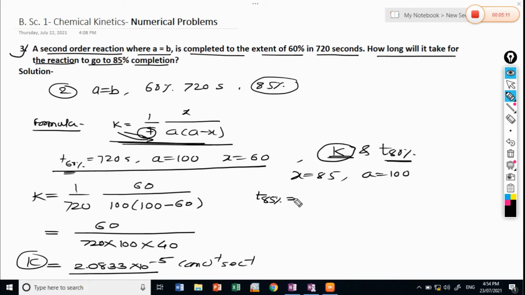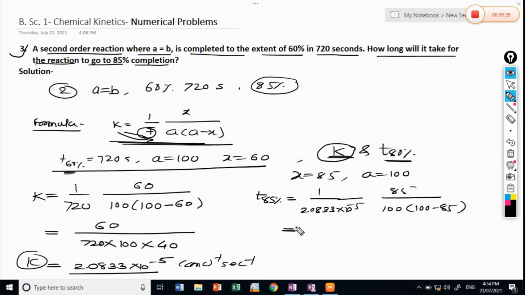So directly I will write T85% is equal to 1 upon K. K is 2.0833 into 10 raised to minus 5. X is 85 divided by 100 into bracket 100 minus 85.